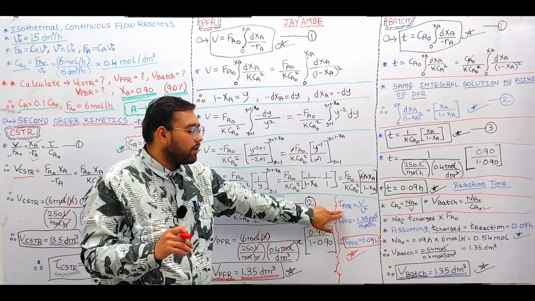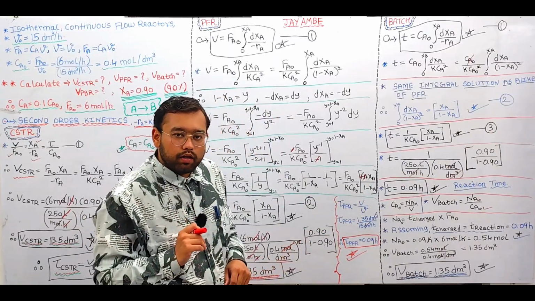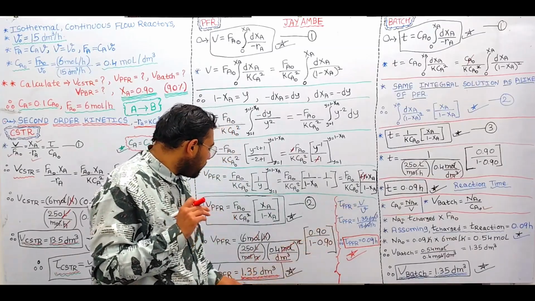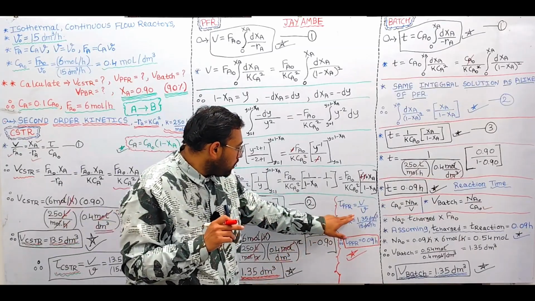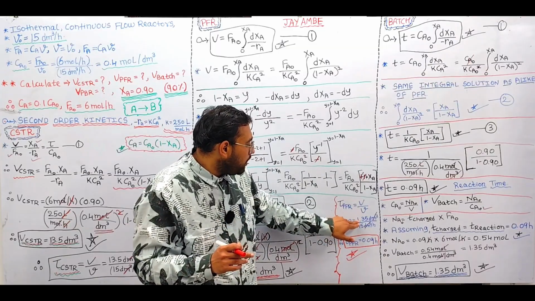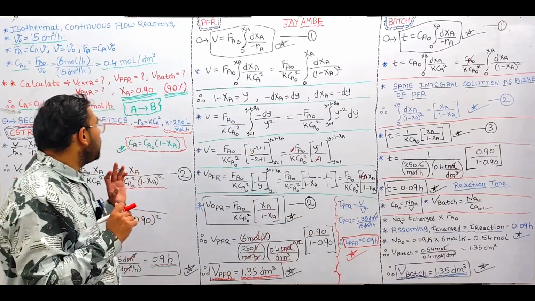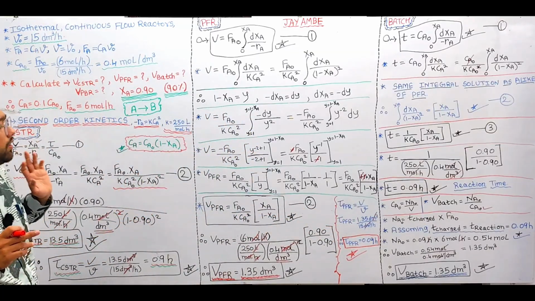So the space-time is defined as the ratio of volume to volumetric flow rate. The volume of the reactor comes out to be 1.35 cubic decimeter. So space-time of PFR is equal to volume of PFR, 1.35 cubic decimeter, divided by the volumetric flow rate, which is 15 cubic decimeter per hour.